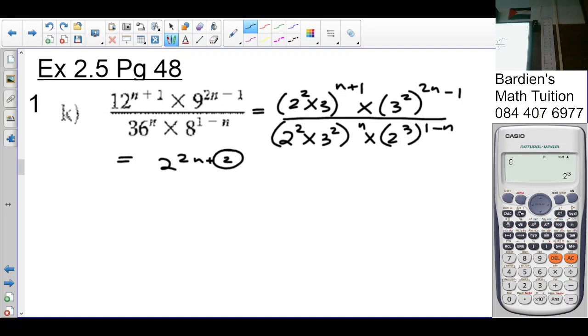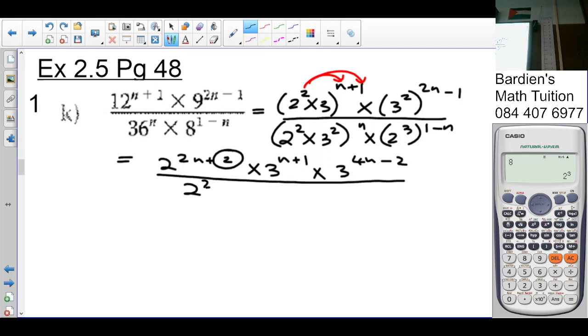Many people make that mistake. They write 2n plus 1. Is that your mistake? They don't multiply that 2 with the n, they only multiply it with the n but not with the 1 there. Times 3 to the n plus 1, times 3 to the 4n minus 2, over 2 to the 2n times 3 to the 2n times 2 to the 3 minus 3.